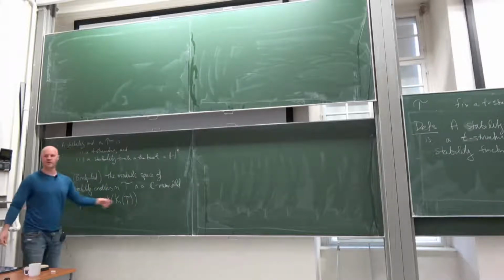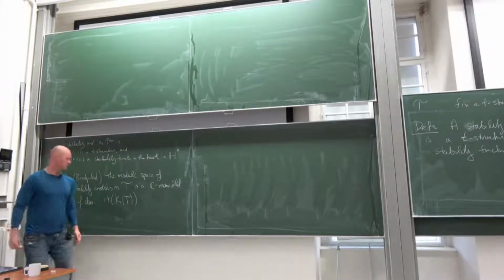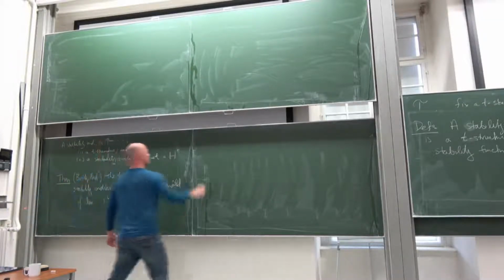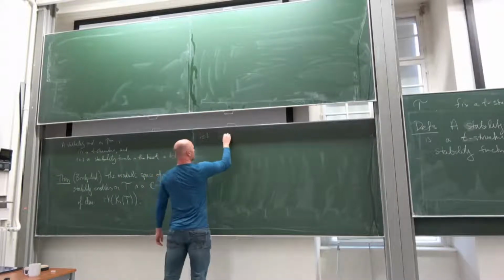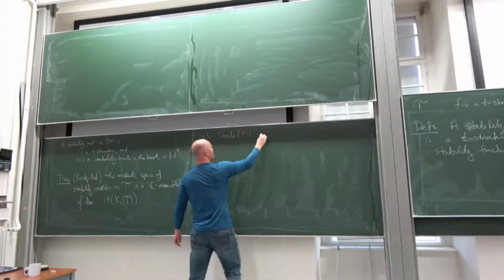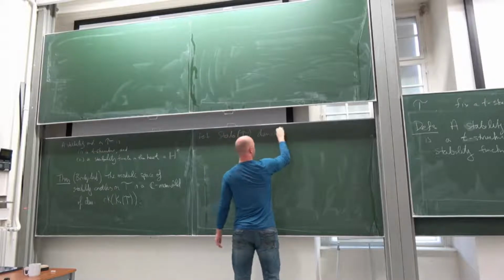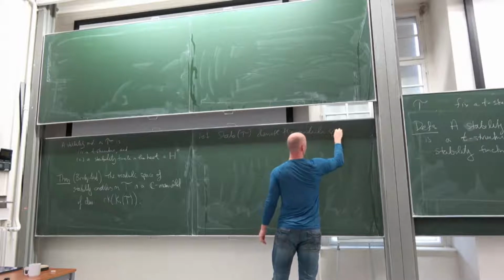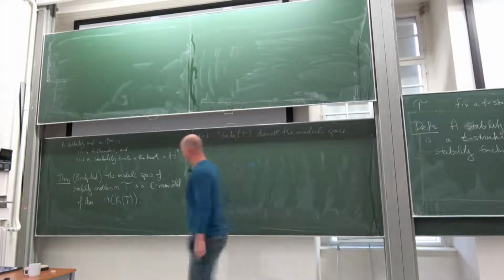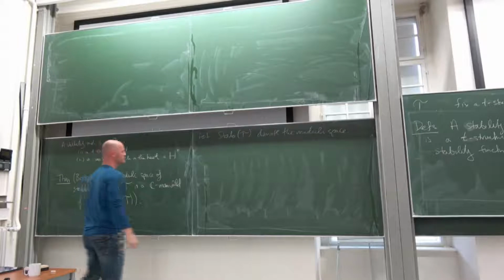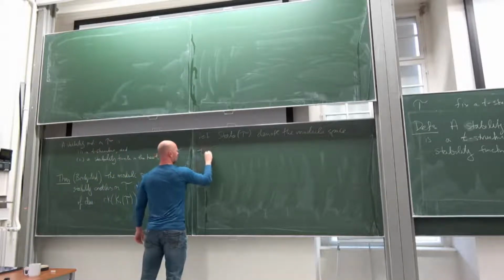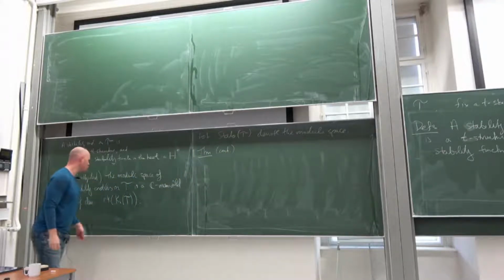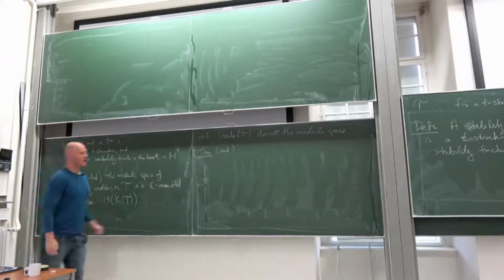So here we have finite rank Grothendieck group. So let's let Stab T be the space of stability conditions, more precisely the original statement.